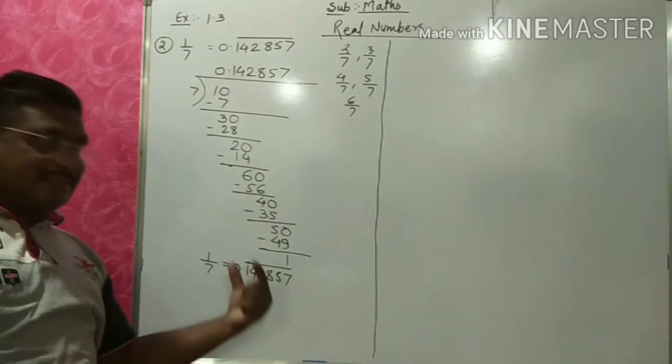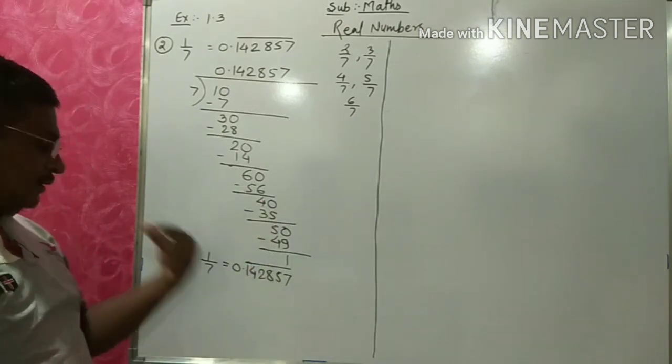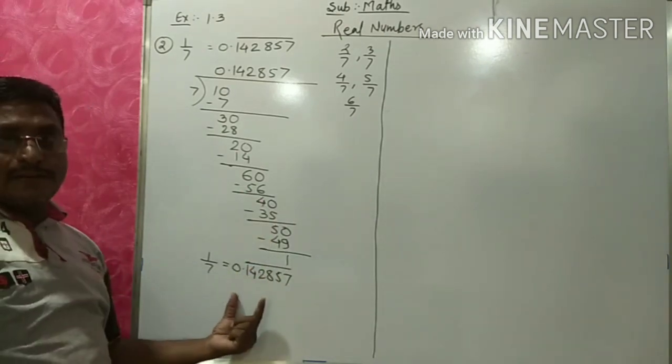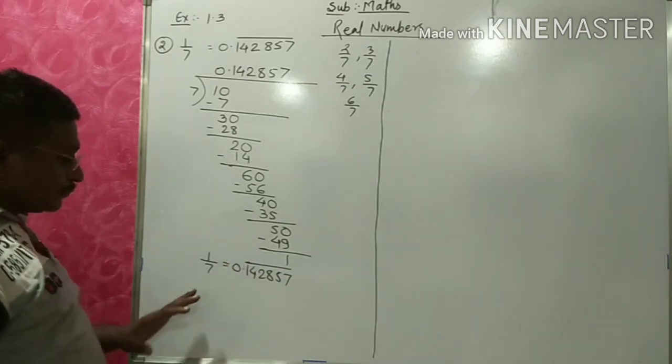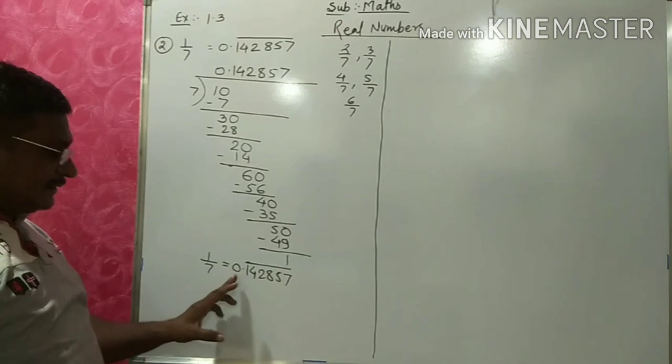A non-terminating recurring decimal is a rational number, another definition of a rational number. So 1 by 7 we get 0.142857 bar.